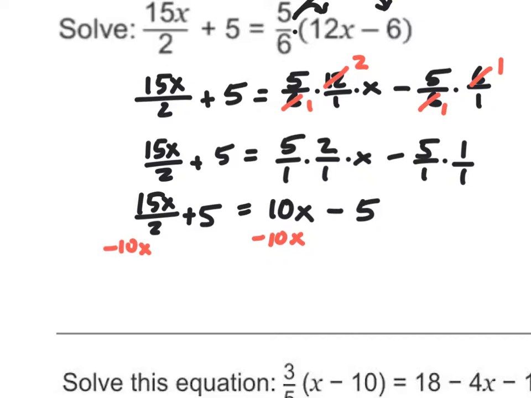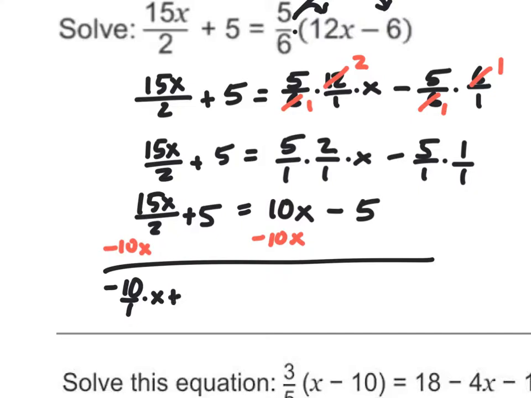And as a result, here's what we get, okay? I'm going to get negative 10 over 1 times x plus 15 halves times x plus 5, and that's equal to negative 5, all right? Now, in order to combine these, I've got to get like terms. These are like terms, I just need to get a common denominator. So I'm going to multiply the top and the bottom by 2 to get a common denominator of 2.